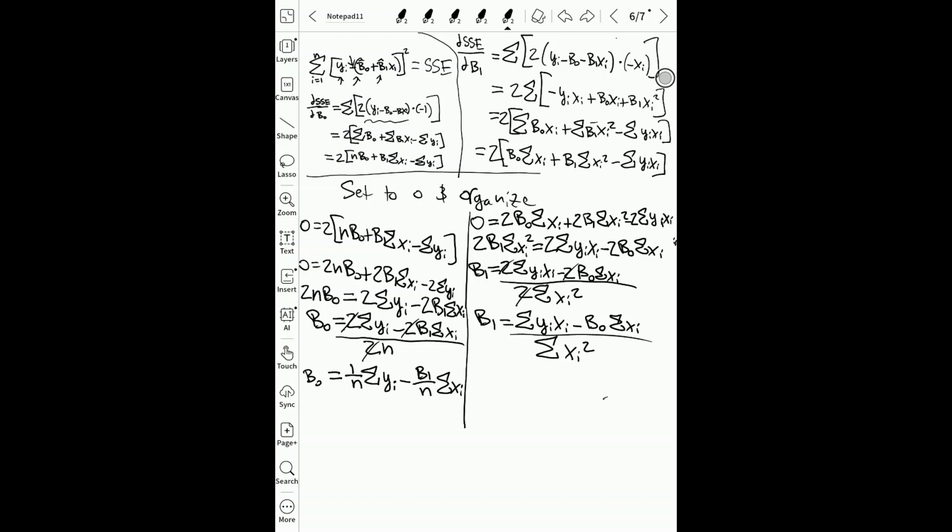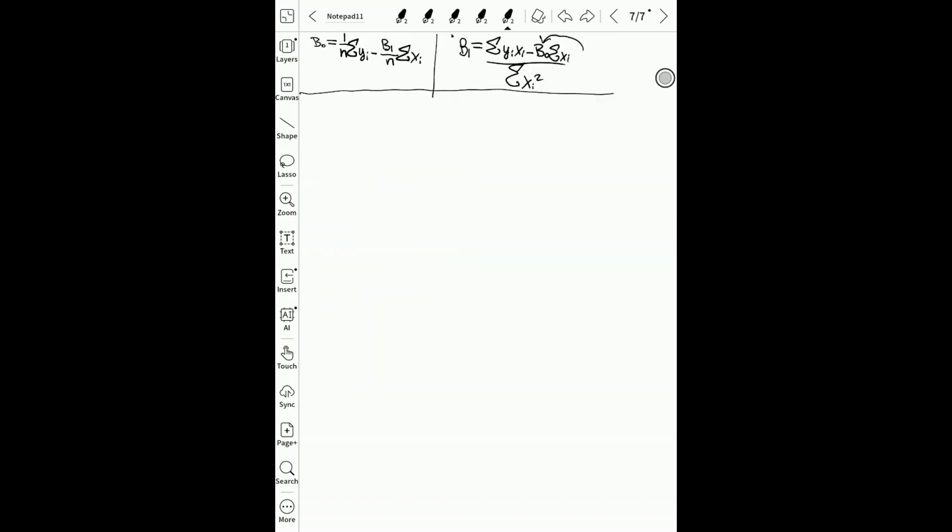The reason is that right now this is kind of tricky, since we have beta naught in the first equation and beta 1 in the first equation, and beta 1 and beta naught in the second equation. If we do some substitution, we can solve for beta 1 using just stuff that we know how to solve for, and we'll see what that looks like.